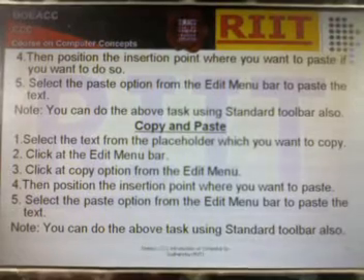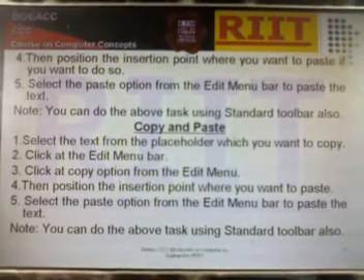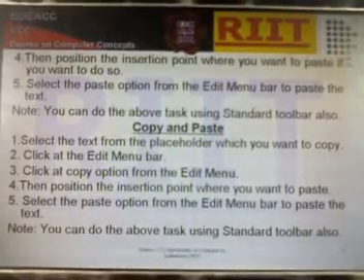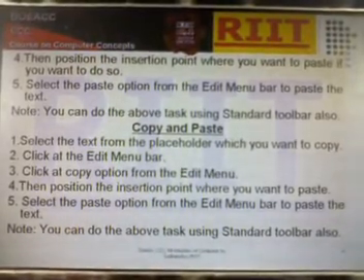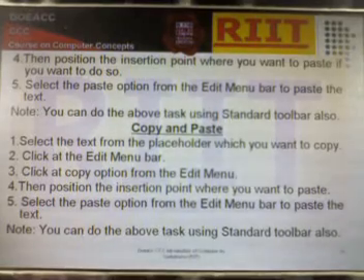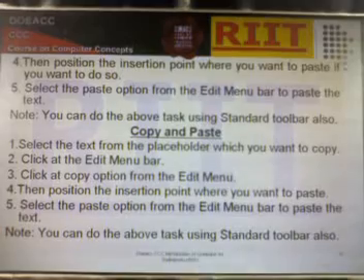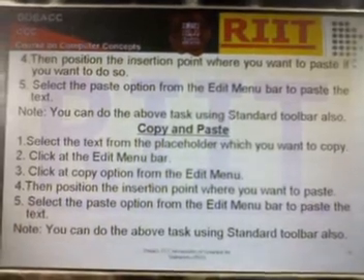Then position the insertion point where you want to paste. Select the paste option from the edit menu bar to paste the text. Note, you can do the above task using the standard toolbar also.